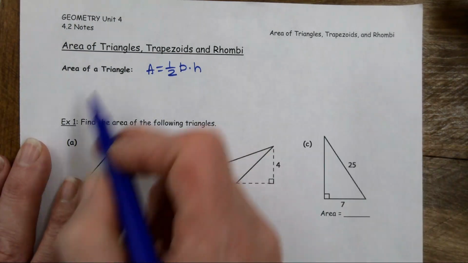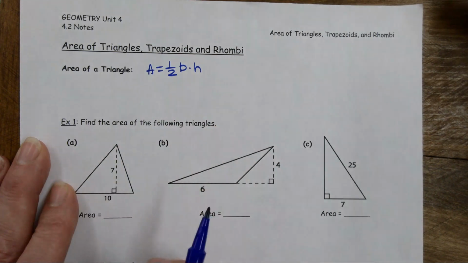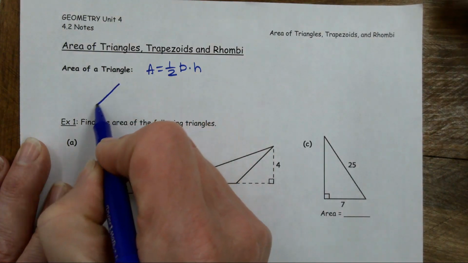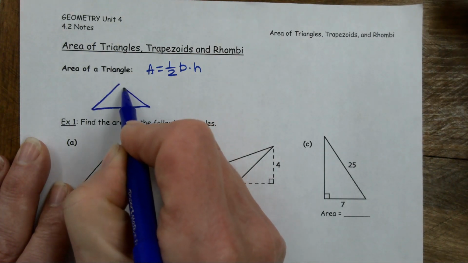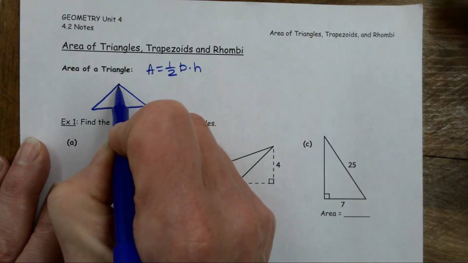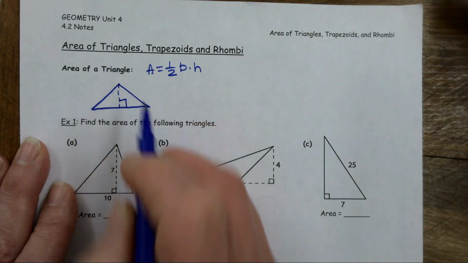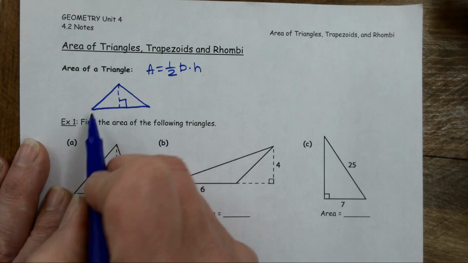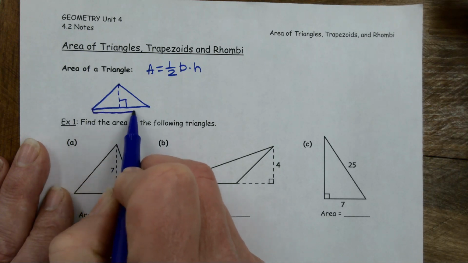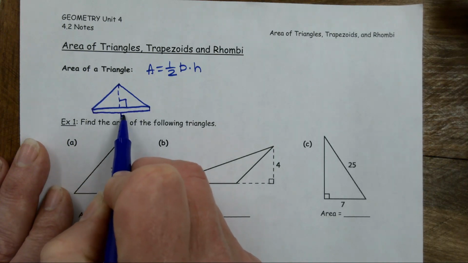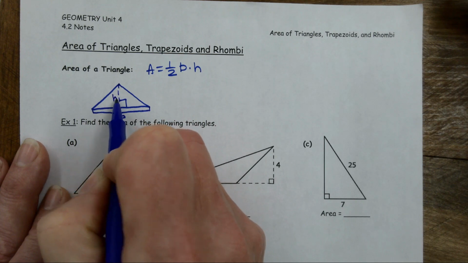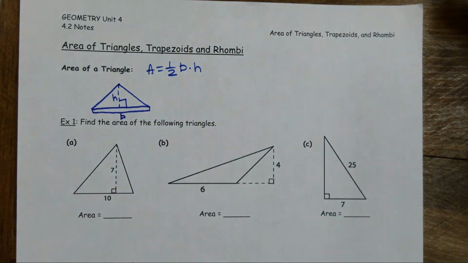What we have to remember, and we're going to draw a couple triangles to the best of our ability, is that when I see a standard regular looking triangle, just a typical one, my base and my height will surround the right angle. The base and the height will surround the right angle.